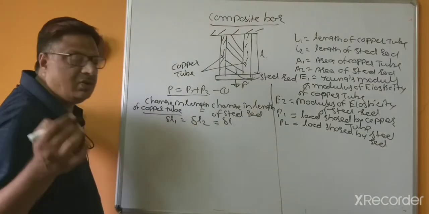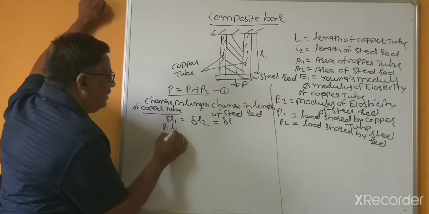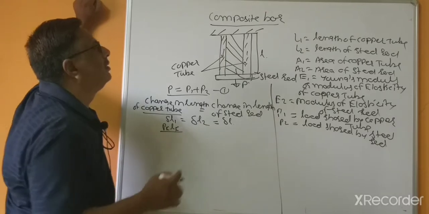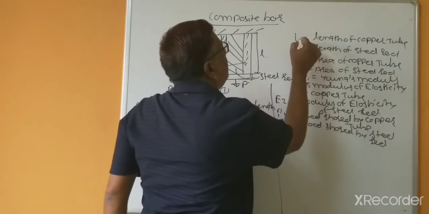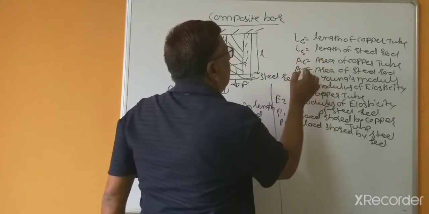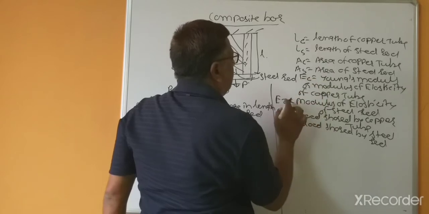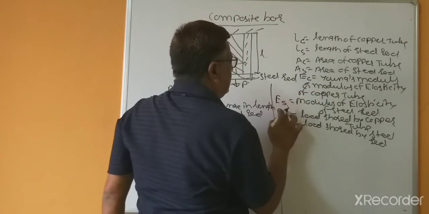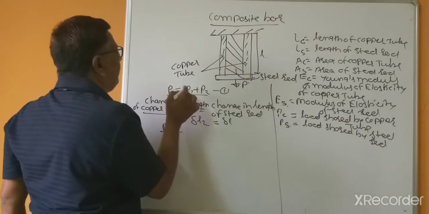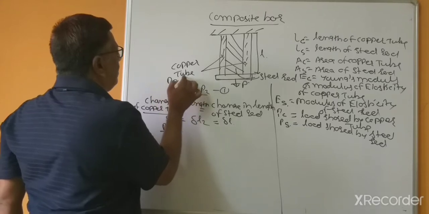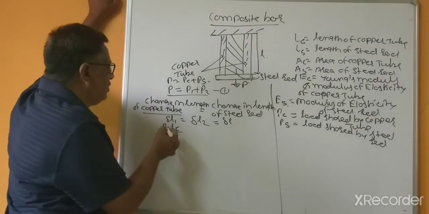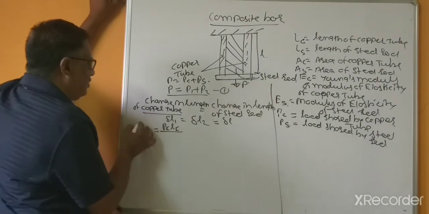But delta L1 equals, as you know the formula, P1 L1, or you can write PC LC. Otherwise I will change, this is LC, LS, AC, AS, EC, ES, PC and PS. You can use any notations, otherwise you may be confused.